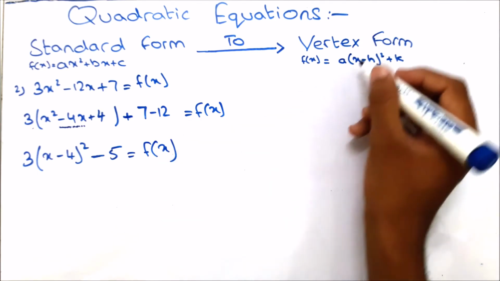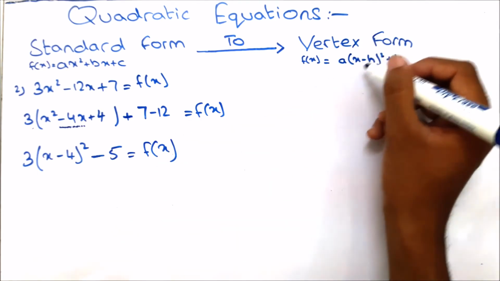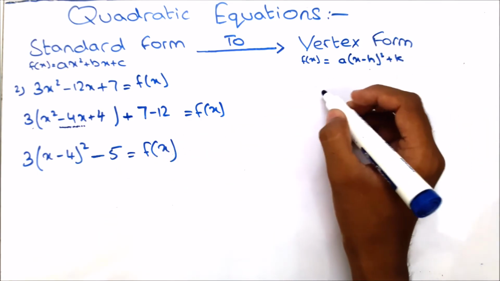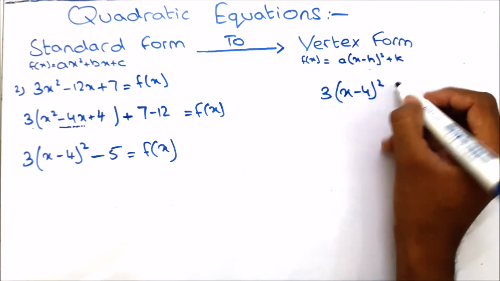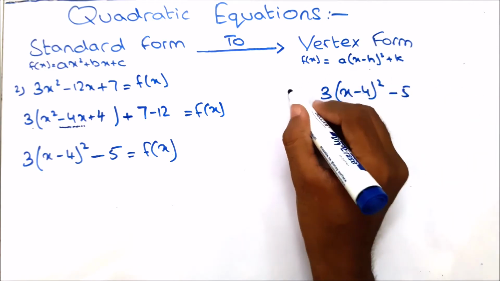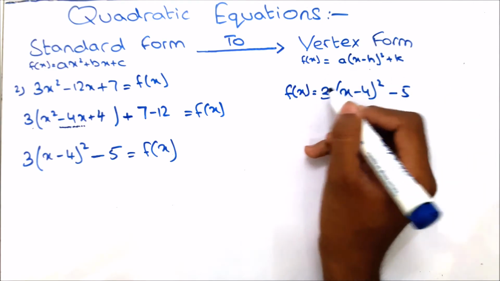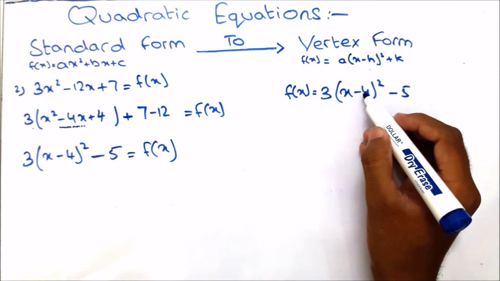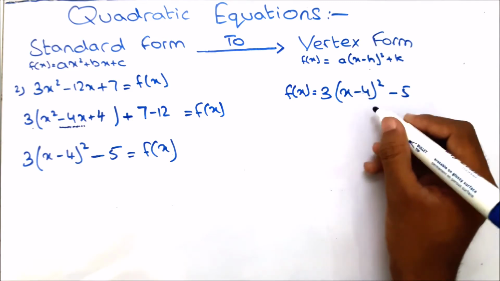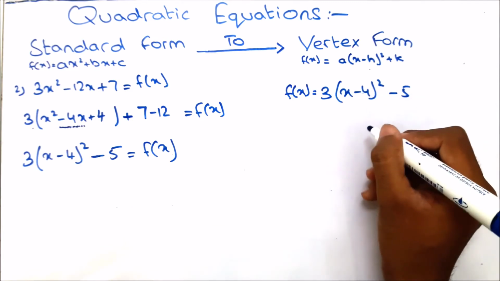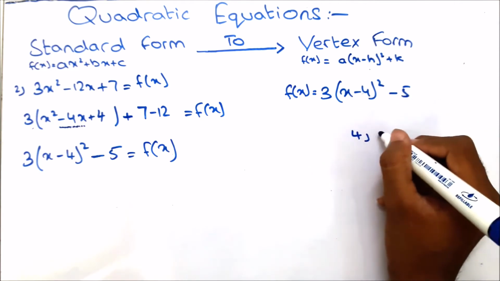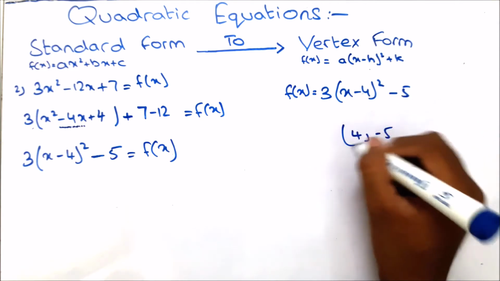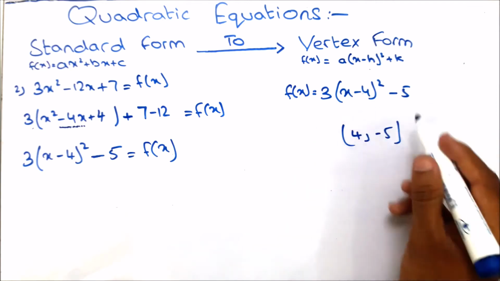I just write it over here so that we can relate the values. We have f of x equal to 3 times x minus 4 whole squared minus 5. Okay, the vertex is whatever we have over here, we just reverse the sign, which is our h, and h is 4, and whatever we have over here is minus 5. That's the vertex of this equation.